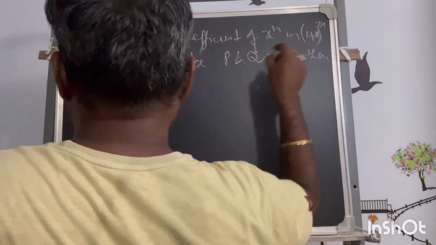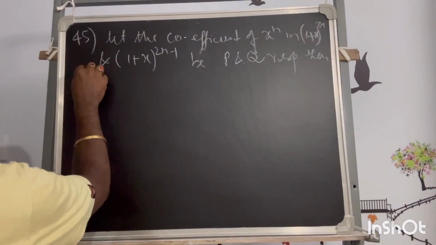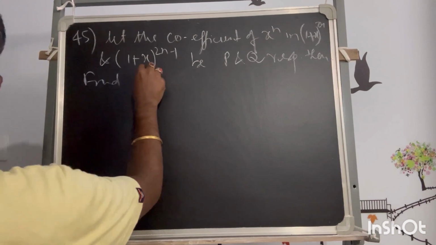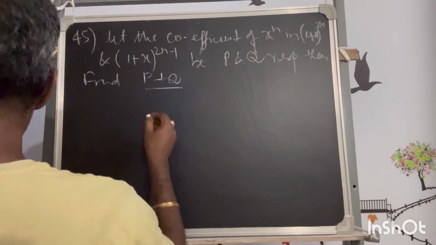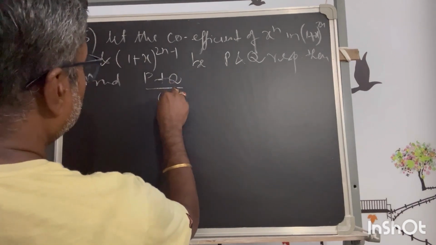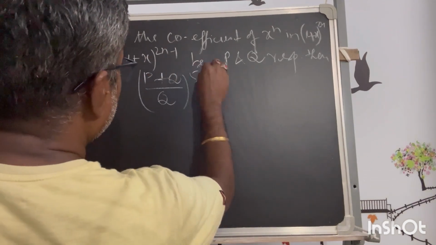Then find (p plus q) by q whole power of 5.